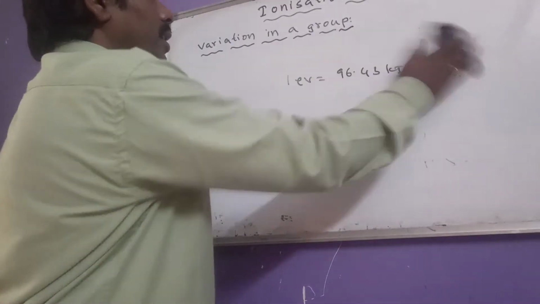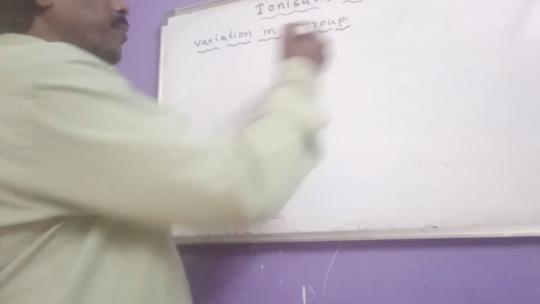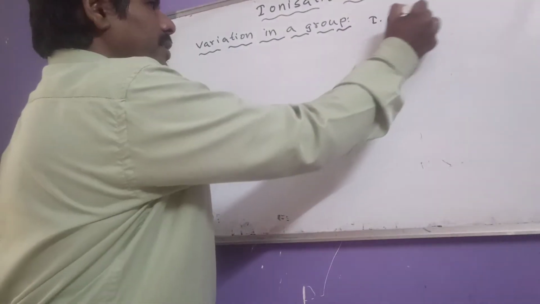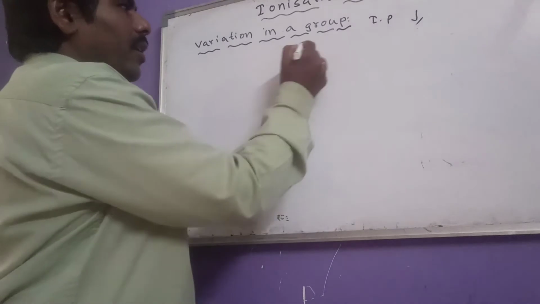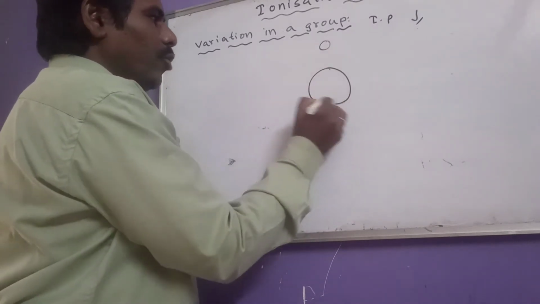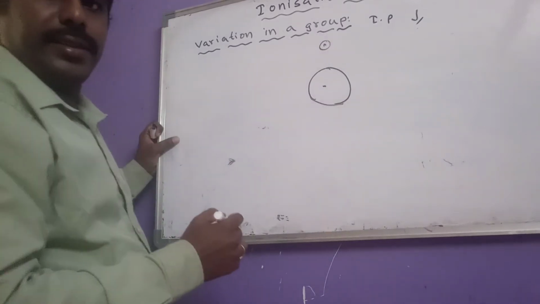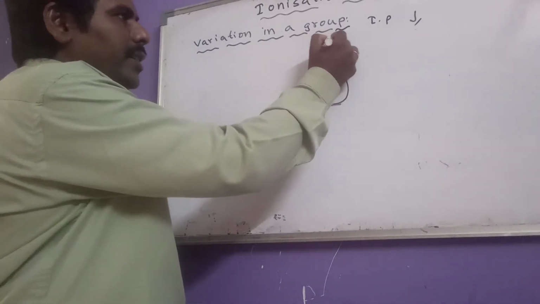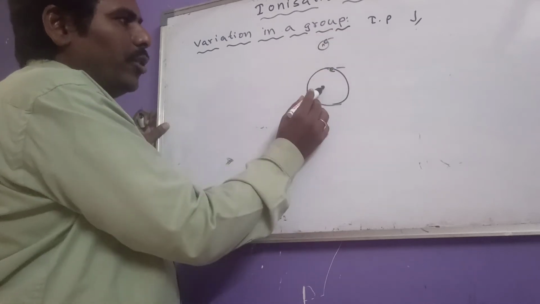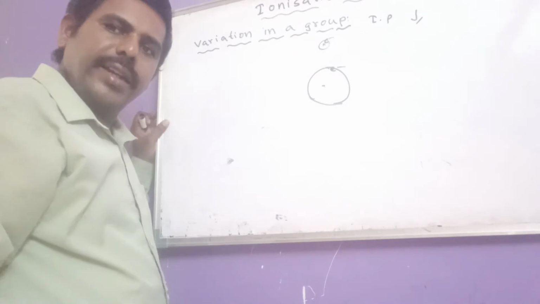Now in a group from top to bottom, what happens to ionization potential? It decreases, because we know that from top to bottom in a group, atomic size increases. As atomic size increases, nuclear attraction on the outermost electron decreases.